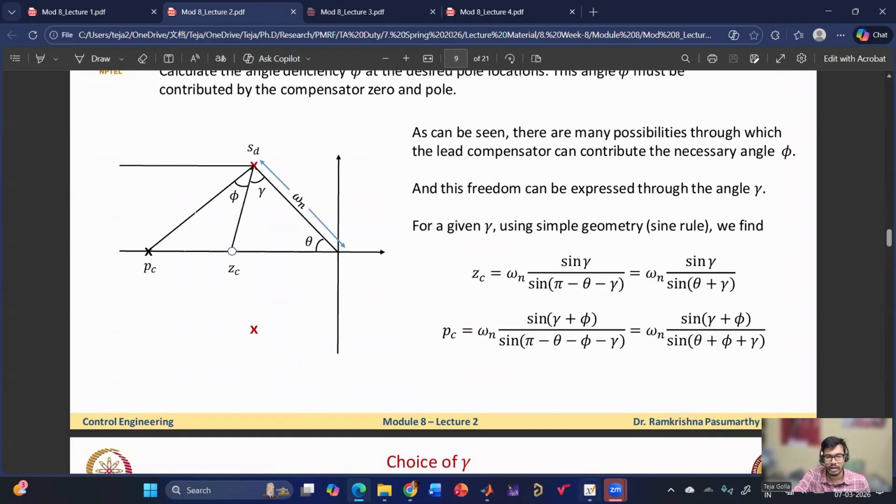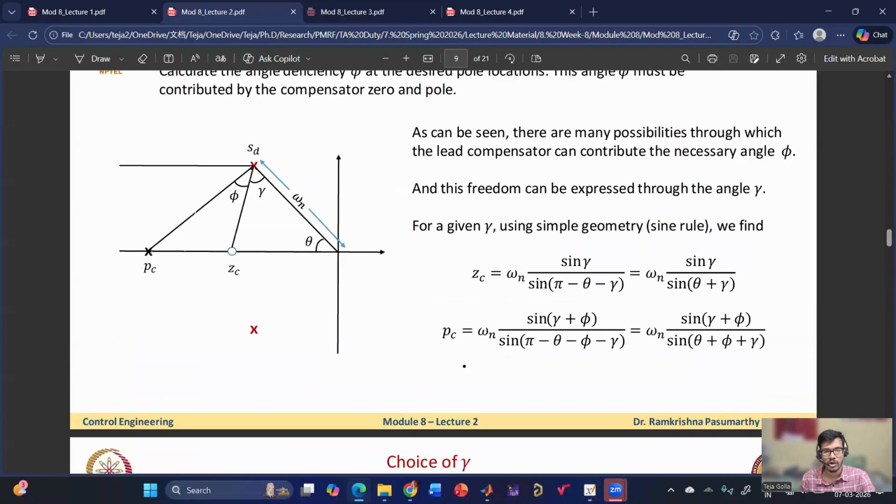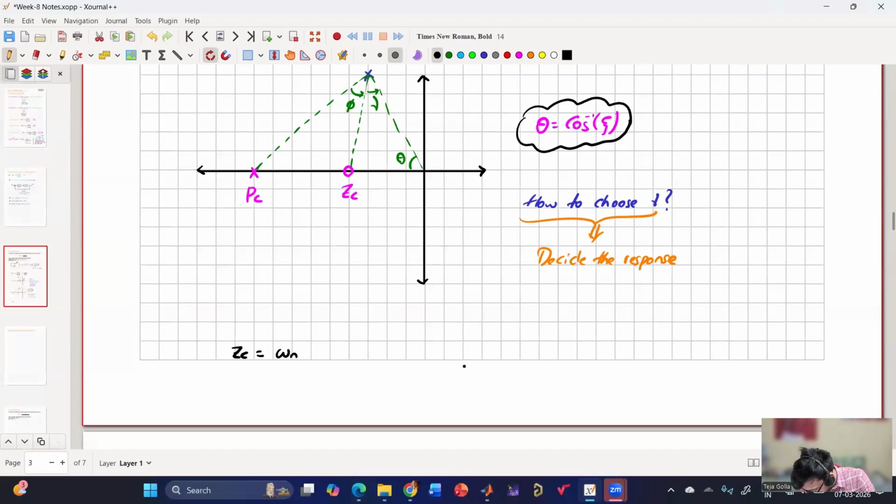And then ZC, I'll write in my notes also, so that when you refer to my notes, you can have it. And then sir said all these formulas he will provide. So it is not needed for you to remember the formula. You may not need to mug up because he will give the formula. ZC is omega n into sine gamma by sine theta plus gamma. So now we'll have a MATLAB simulation and then we will see how things are changing. Okay.